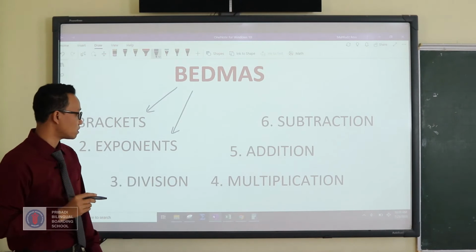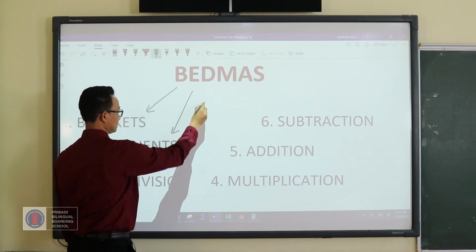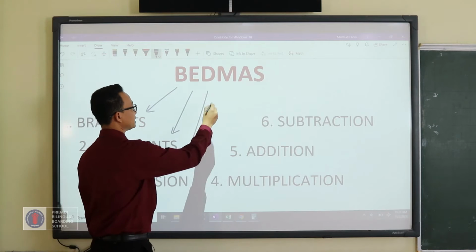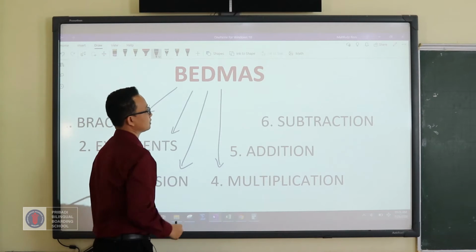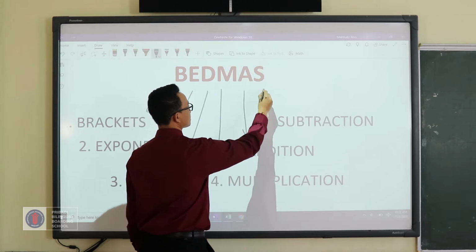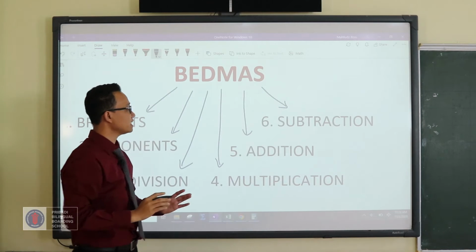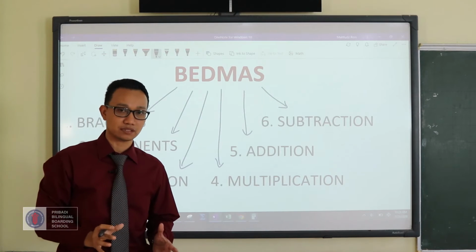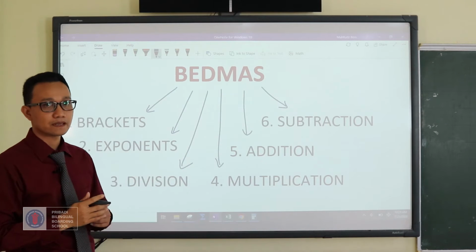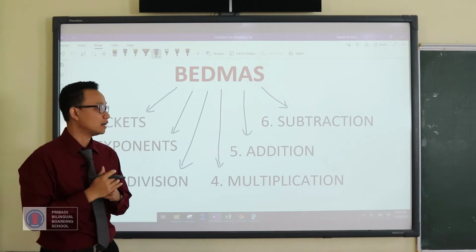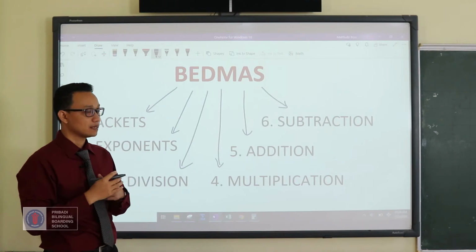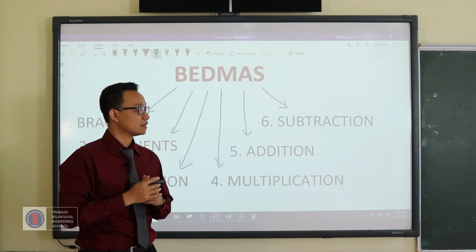D stands for division. M stands for multiplication, A is addition, of course, and the last, subtraction. This order of operations is very important because if you don't use this rule, you probably get a different result. Now let's see the examples.